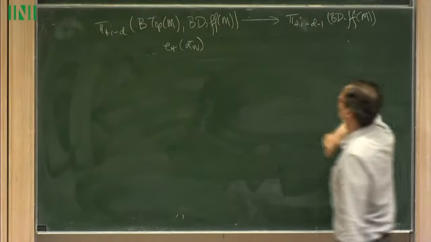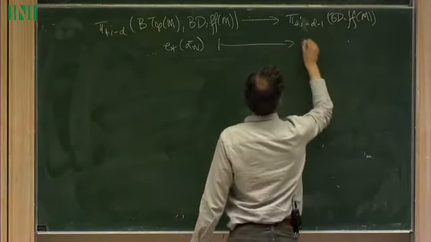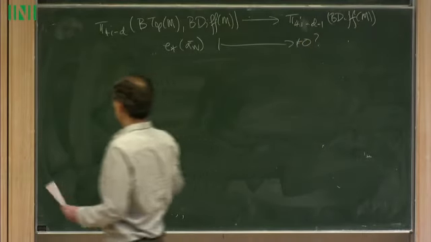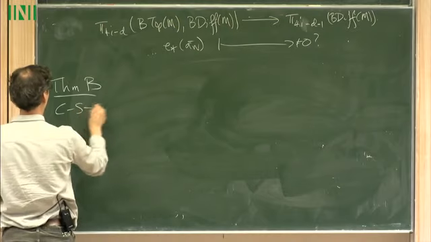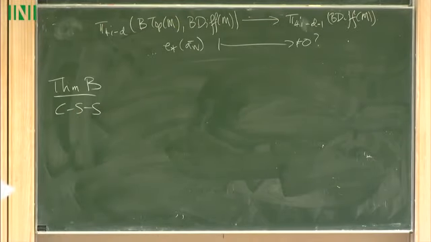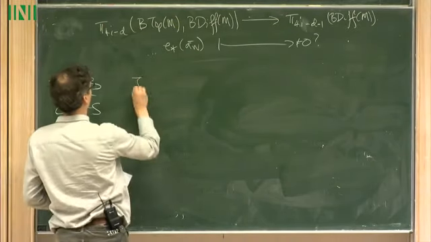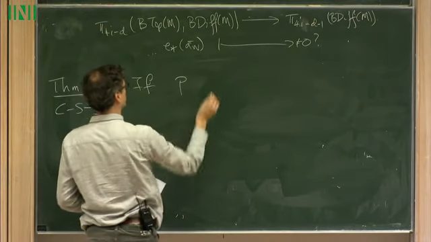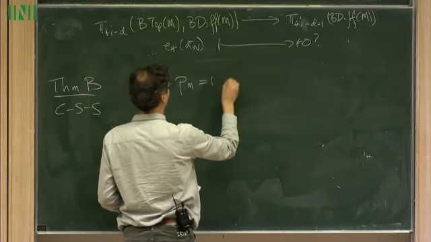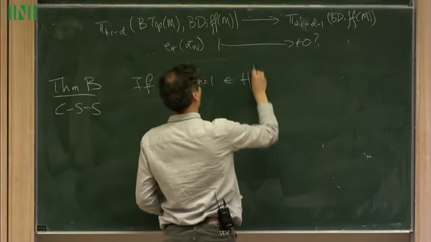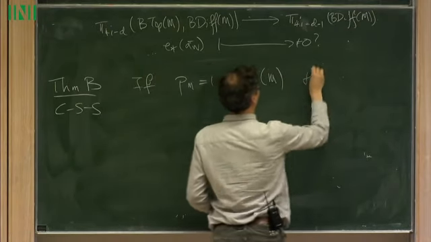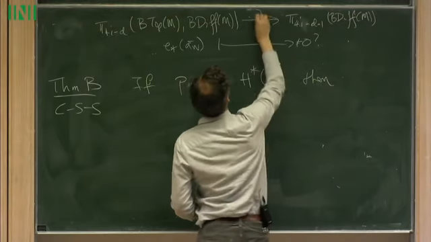Okay. And theorem B says that this map is non-zero if the total Pontrjagin class of M is 1, right? So it's trivial. Then this is the boundary map.